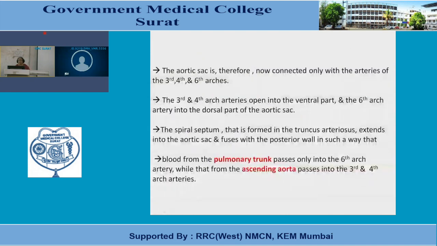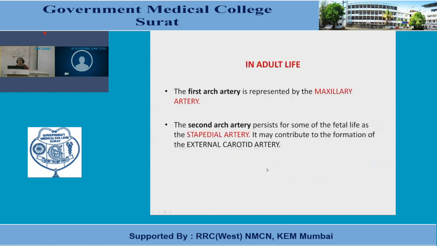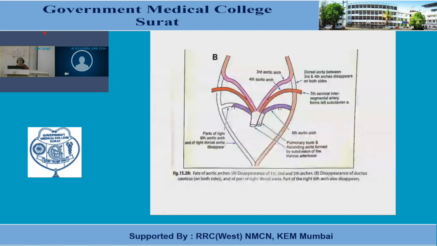It fuses with the posterior wall in such a way that blood from the pulmonary trunk passes only into the sixth arch, while that from the ascending aorta passes into the third and fourth arch arteries. So you can see here this is the pulmonary trunk and this is the ascending aorta, right? So the ascending aorta passes through the third and fourth aortic arches.